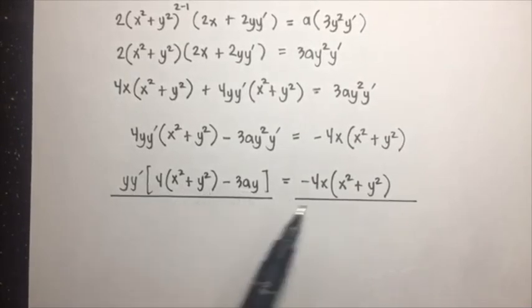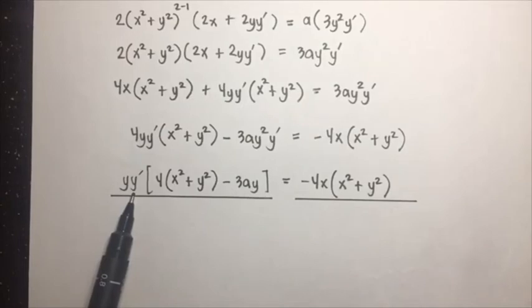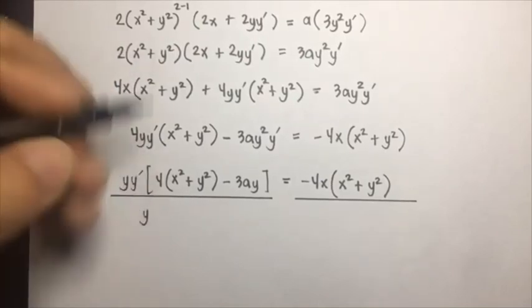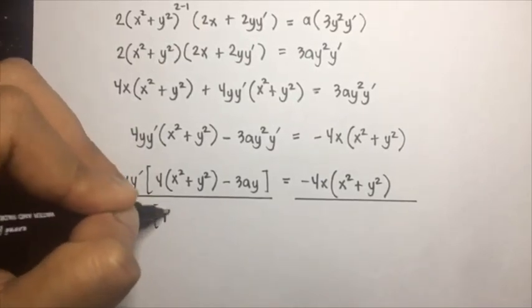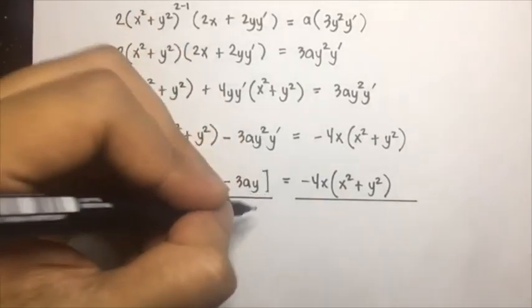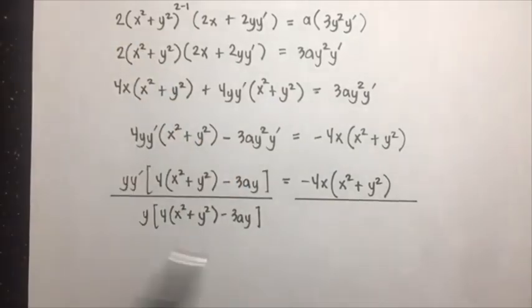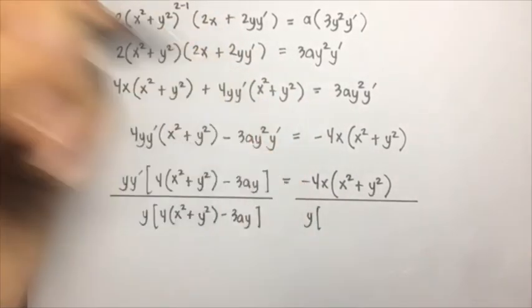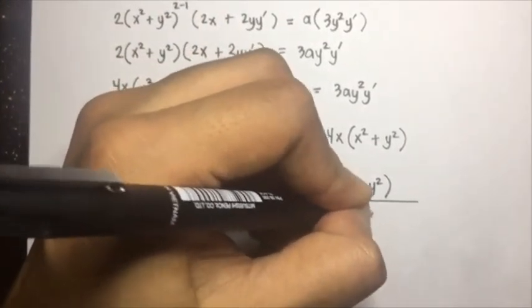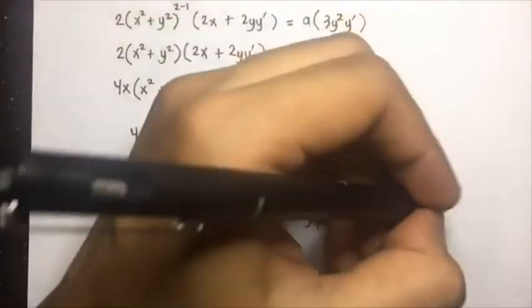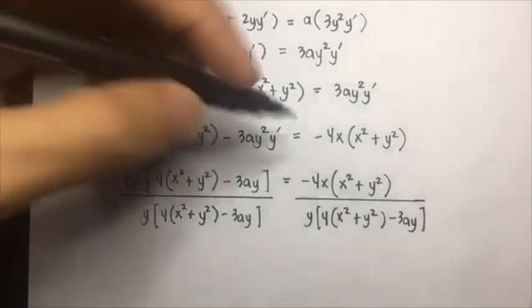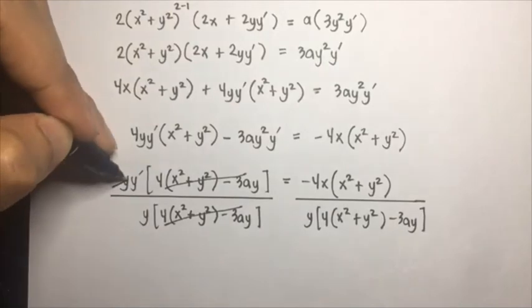We need to divide both sides of the equation in such a way that only y prime will remain. Therefore we have to divide it by y times 4 times x squared plus y squared minus 3a y. We also have to do that on the other side. So y, and then 4 times x squared plus y squared, minus 3a y. Okay, so this will cancel out and the y will cancel.